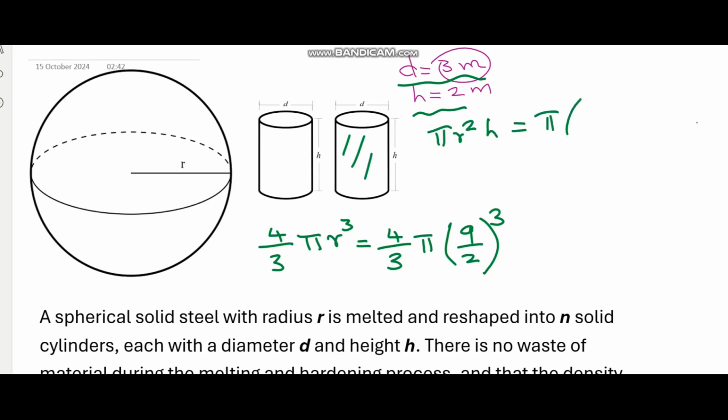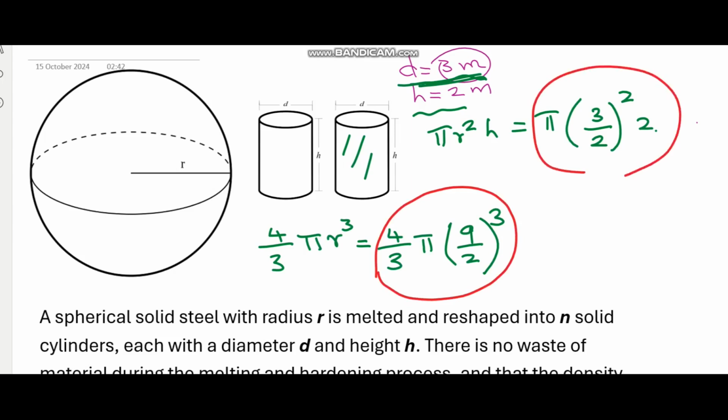Pi, if d is 3, r is 3 over 2, squared, times the height, which is 2. The question is, how many of these cylinders can we make? So quite literally, we have to divide this by this.